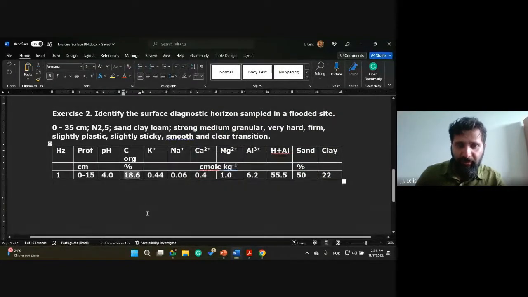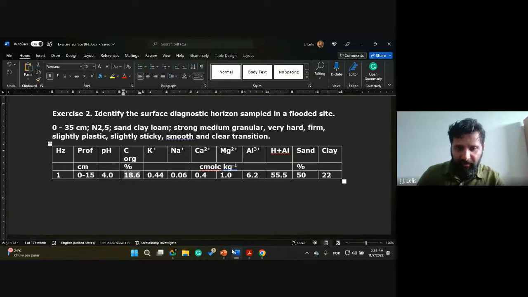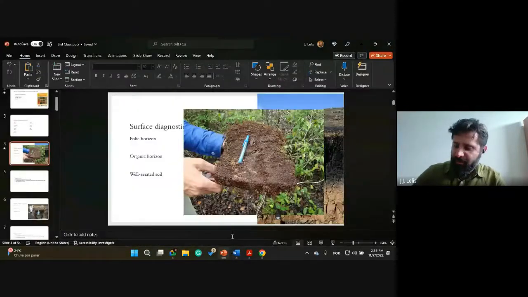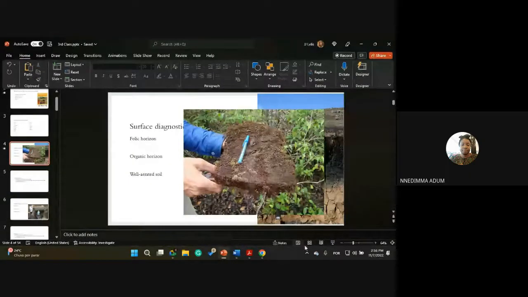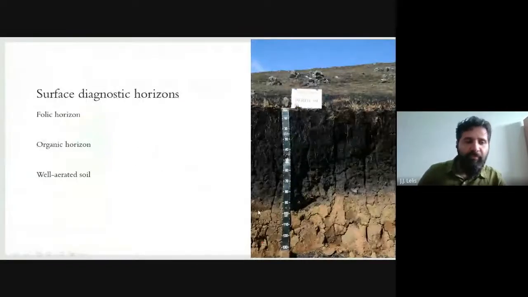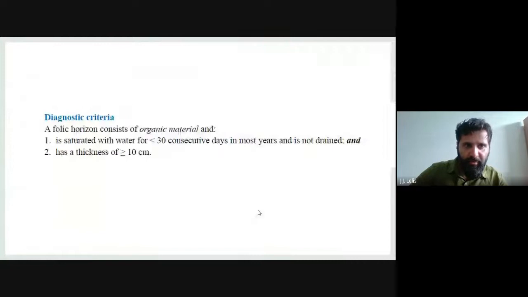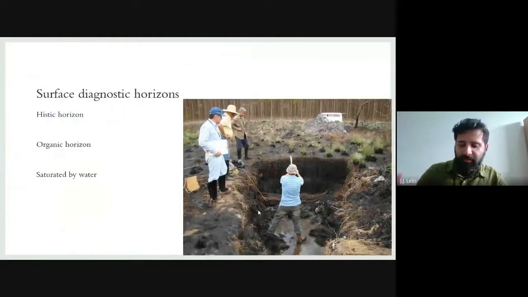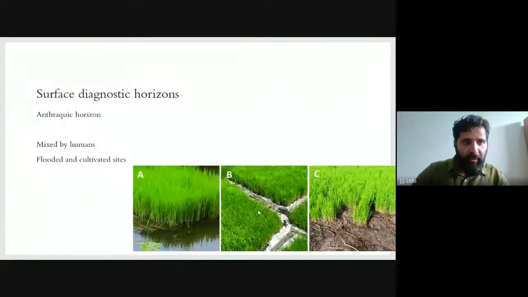So it's not a folic and it's not a histic horizon. Again, we just forget these two first surface diagnostic horizons because we don't present a minimal content of organic carbon in these cases.